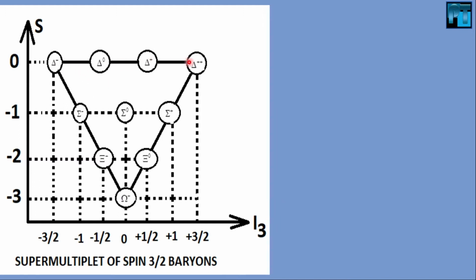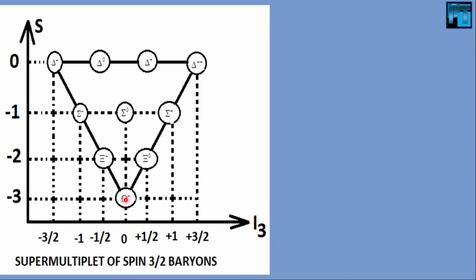See, there are 10 particles here, and that's why it's called a decuplet. So from this also you can have a clear idea about I3, S, and then I, then Y, etc. The charges are already mentioned here. Only this omega minus has the strangeness quantum number -3 among all the particles.